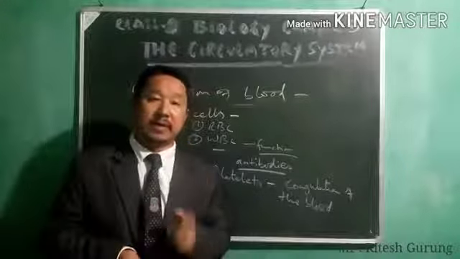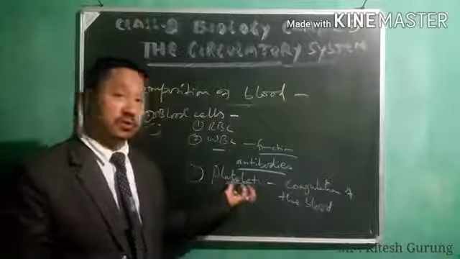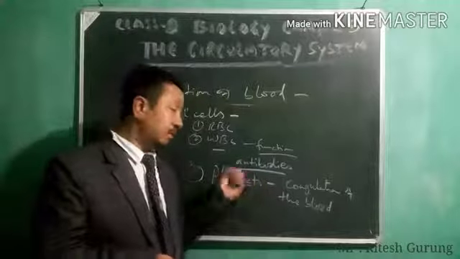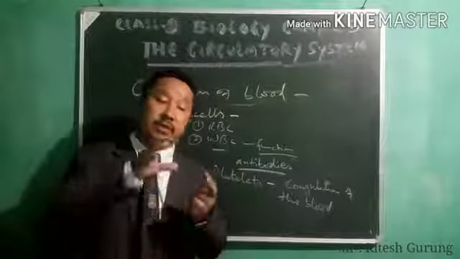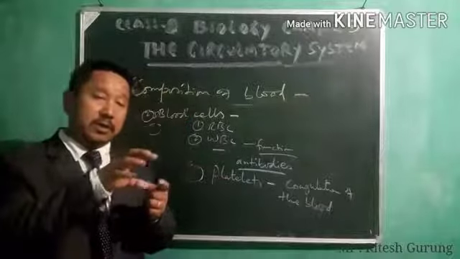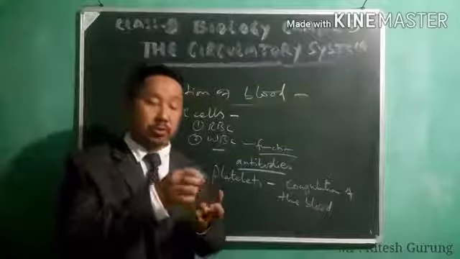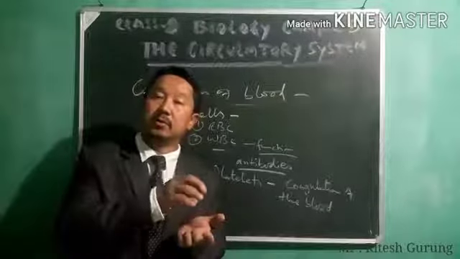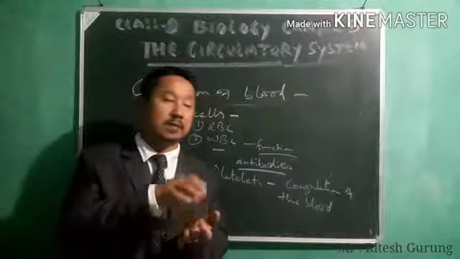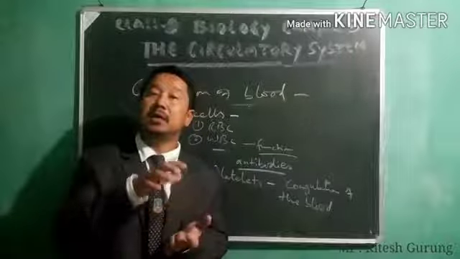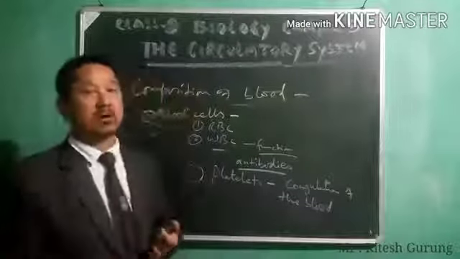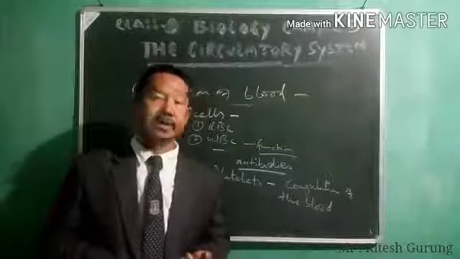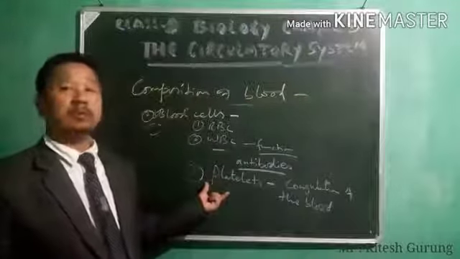But if we have a good number of platelets, or a normal rate of platelets in the blood, then these platelets develop a clot on the cut region, so that it blocks the flow of blood and the blood does not get lost. Otherwise, blood will be flowing out, and because of the excess loss of blood, we may die. So that's the main function of platelets.